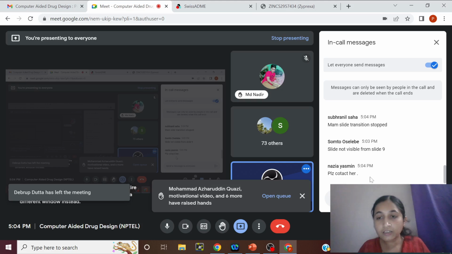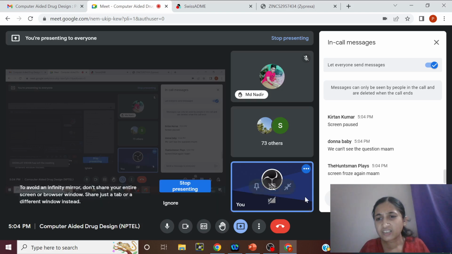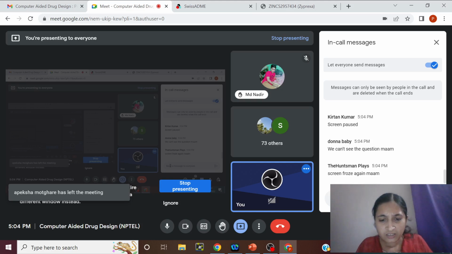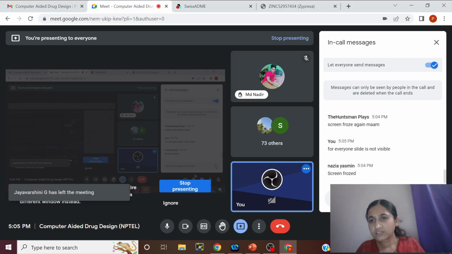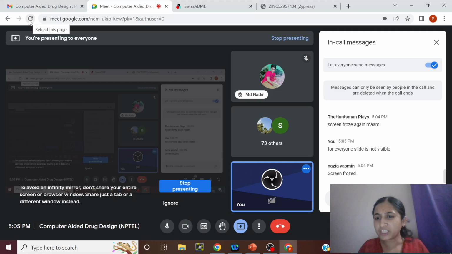What item, Najia? Again the slide is not visible from slide 9. Why? For everyone it's not visible? Why is this happening again and again?